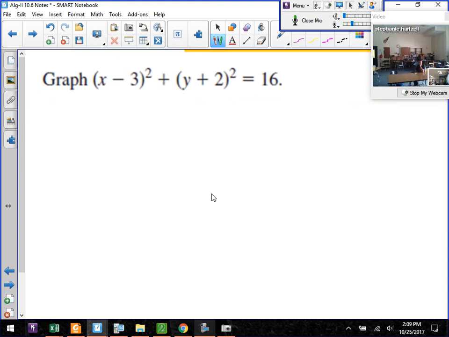Graphing and labeling. So I'm going to graph the quantity x minus 3 squared plus the quantity y plus 2 squared is 16. When we do these things, we always want to try to figure out what conic section it is to begin with.